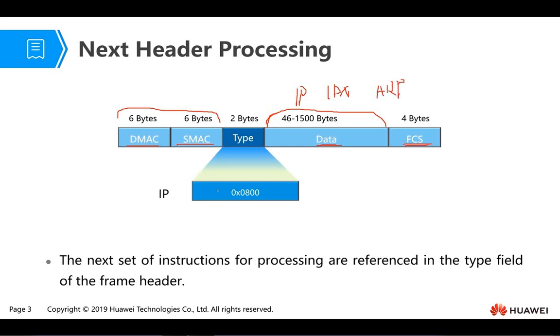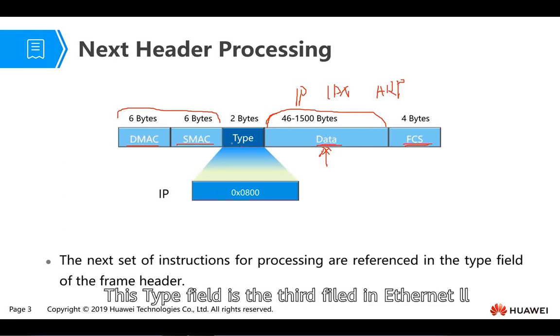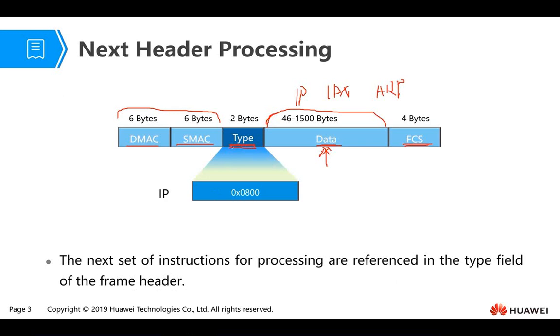Then how do we identify which protocol is contained in layer 3? We use the type field. This type field is the third field of Ethernet II. If the value is 0800, it points out that this is an IP packet.